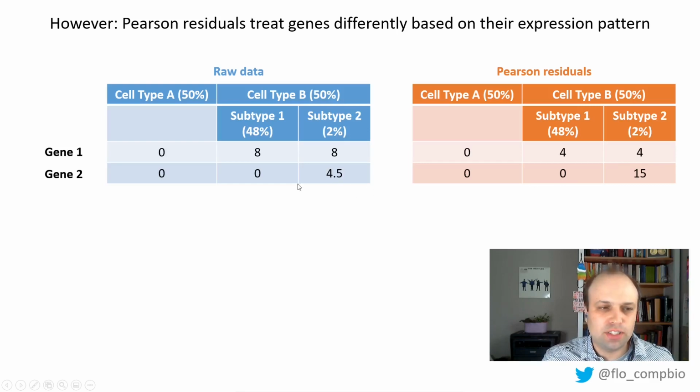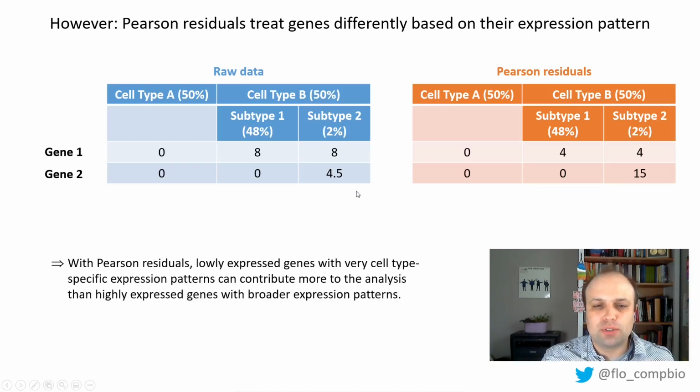That's just an example to show you that it doesn't just matter what the actual expression level is, it also matters how the expression is distributed. With Pearson residuals, lowly expressed genes with very cell type specific expression patterns can contribute more to the analysis than highly expressed genes with broader expression patterns, which is exactly this example.